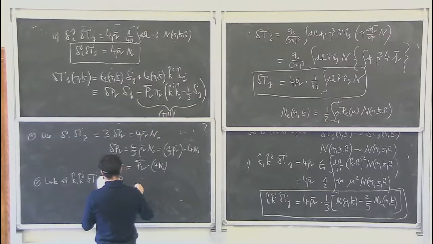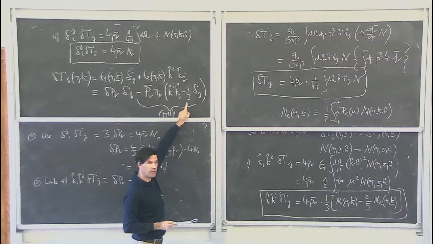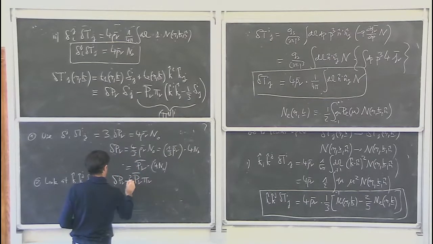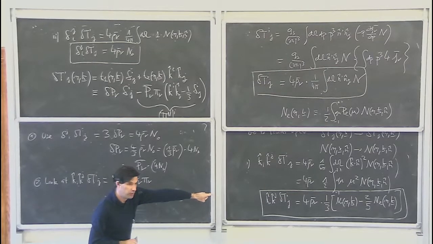And then here you have to be a bit careful, so you get minus P bar pi nu, and so the first term will give you 1, and then you have a minus 1/3, okay? So you have this 2/3. And then we did the calculation, and that's what we find, okay?